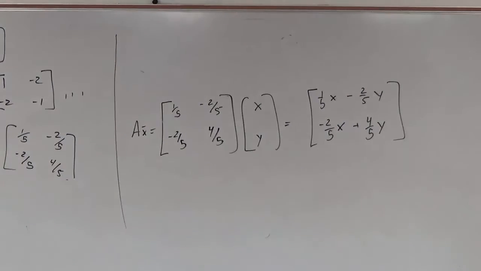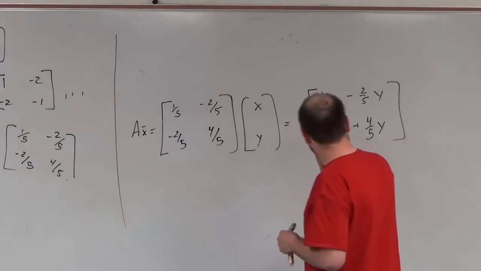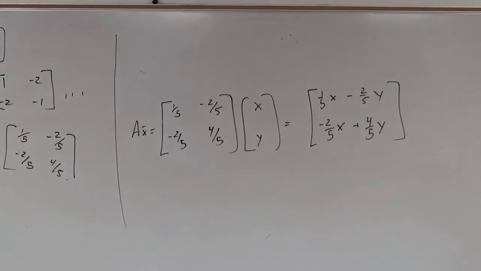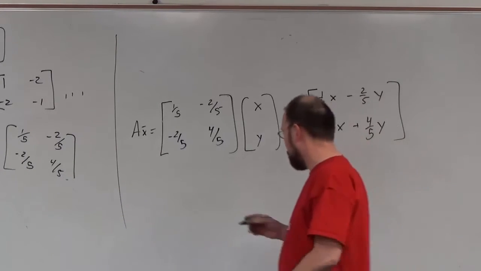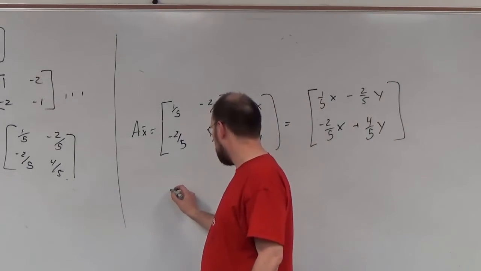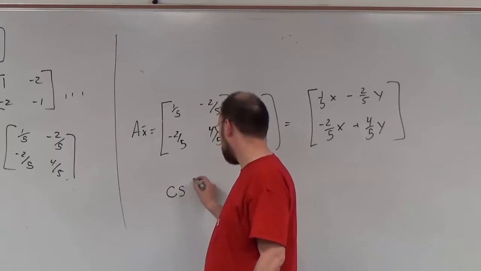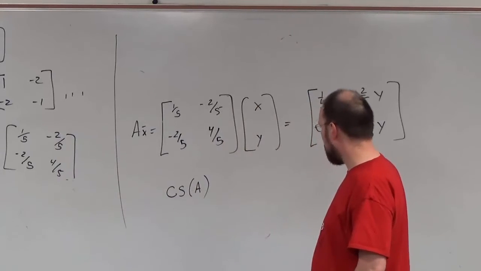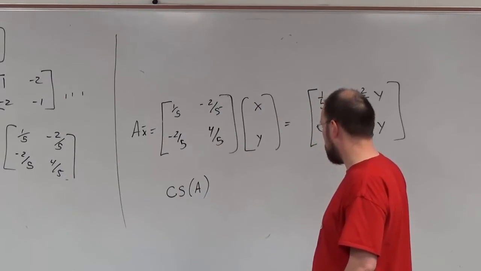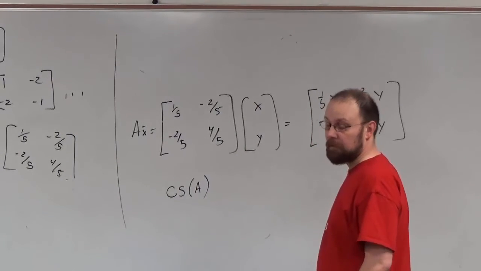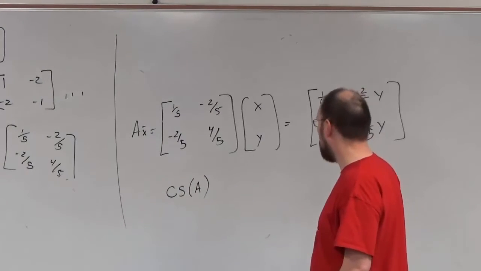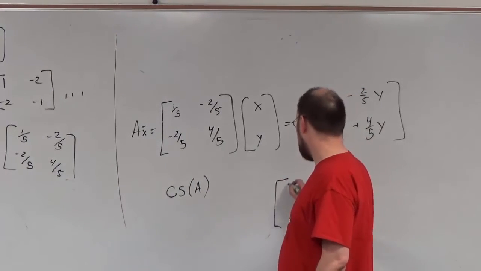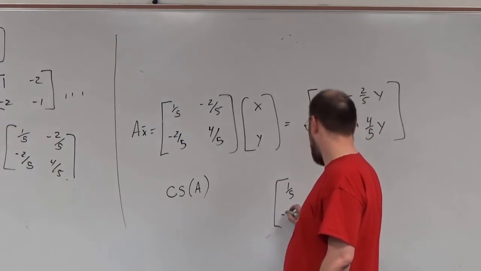So how do I know that this resulting vector is in the line? Can I find the line? Again, I think the best thing to do is just look at the column space of this matrix. And how can you find the basis for the column space, if you recall? Well, we can take our matrix and row reduce it. I should have done that.